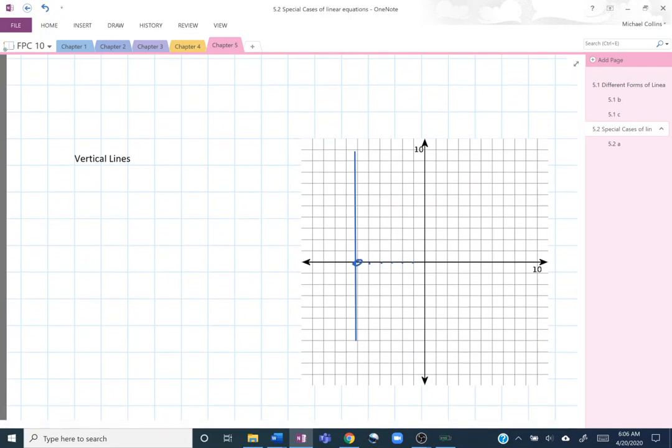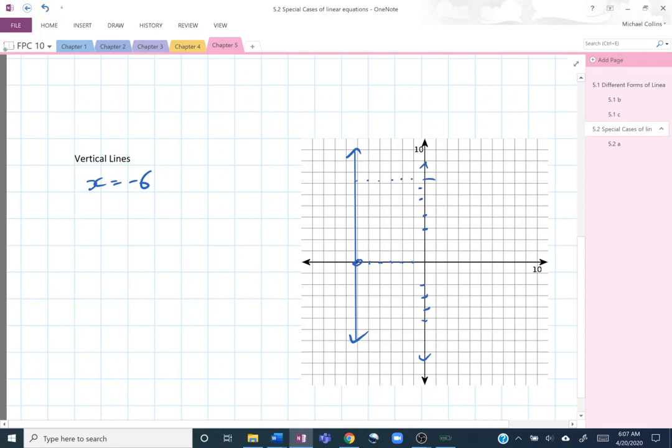For a vertical line, it doesn't matter what y is. It could be anything. These are going to keep going off. It doesn't matter where we look. x is always going to be negative 6. So for our vertical lines, x will always be the same number, negative 6 in this case.